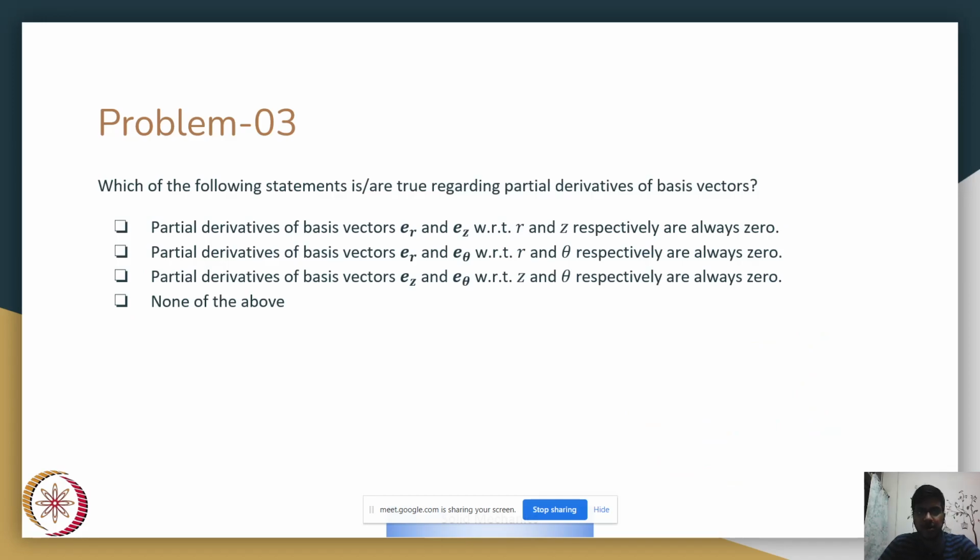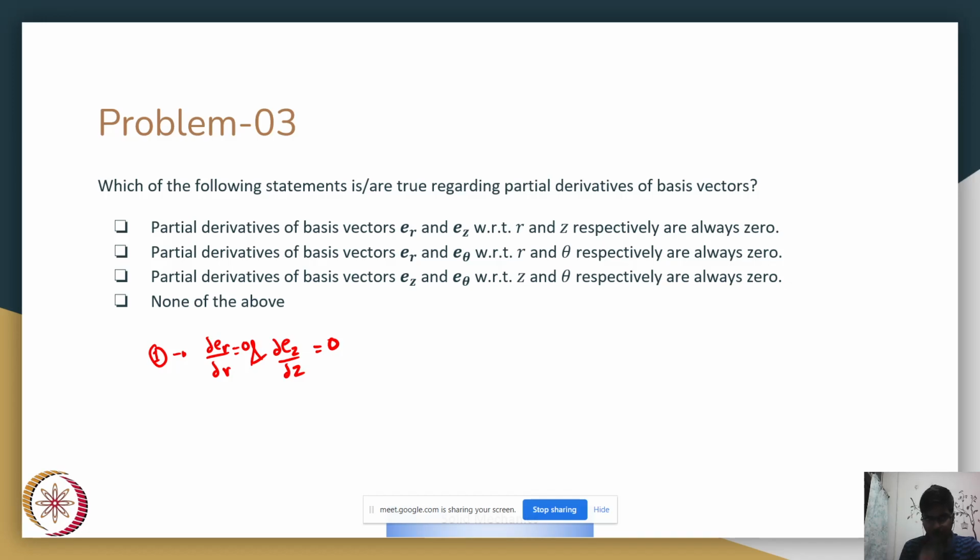Problem number 3. Which of the following statements are true regarding partial derivatives of basis vectors? Let's look at the first option. The first option says partial derivatives of basis vectors ER and EZ with respect to R and Z are always 0. So the first option essentially is dou ER by dou R and dou EZ by dou Z. These are both 0.